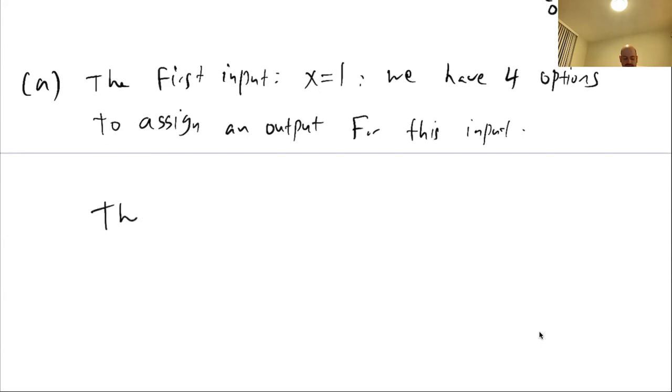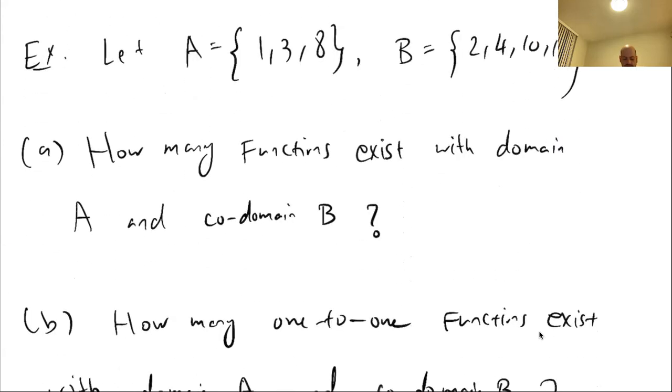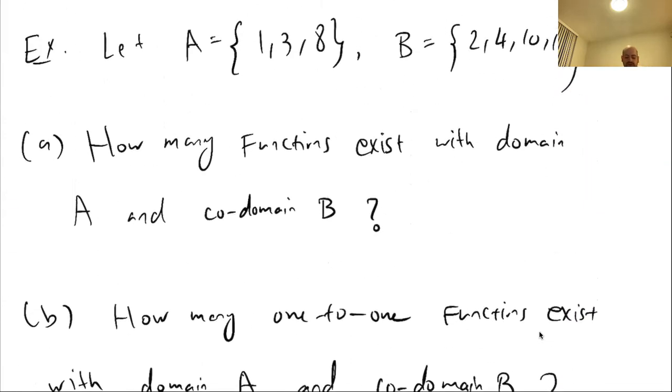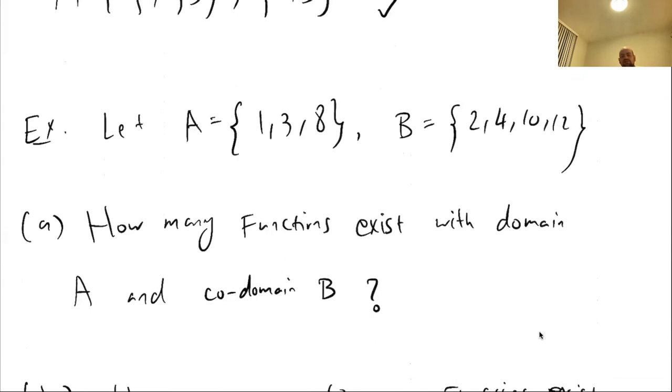And the second input, x equals 3. Again, we have 4 options, right? Because in part A, it's not required to be a one-to-one function. Therefore, if, for example, to the first input we assign 2 as an output, then for the second input, we can again use 2.